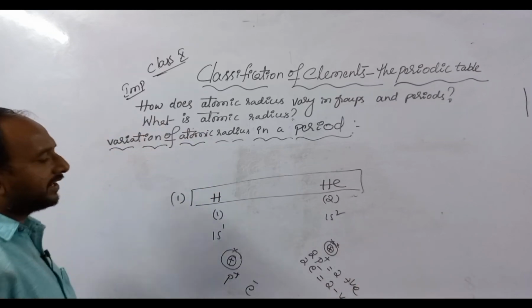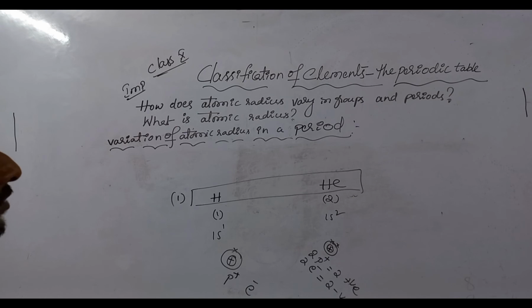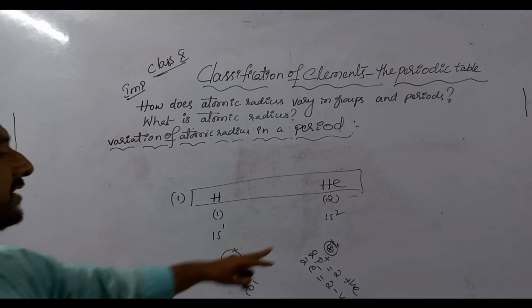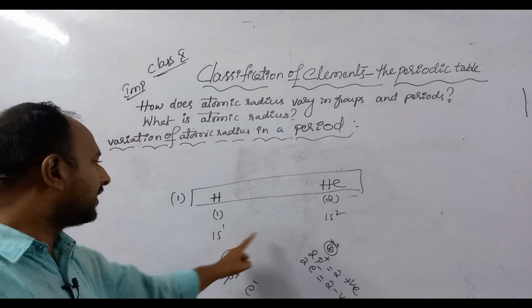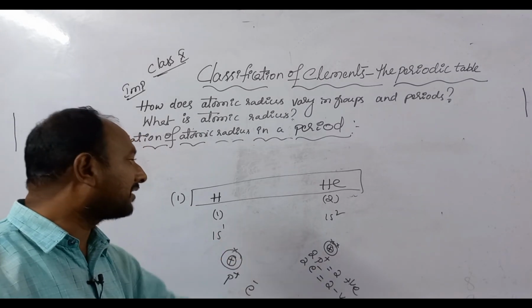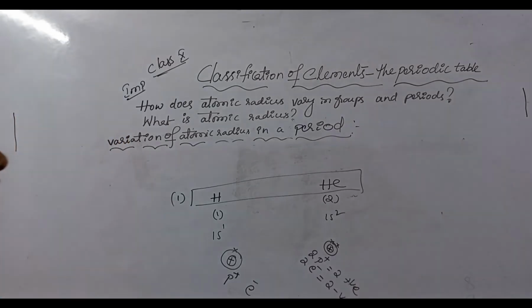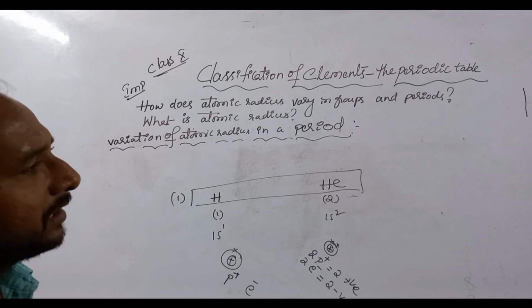That is why attraction between the nucleus and the outermost shell increases so that size decreases. Here the shell number is not increased, 1 and 1, but in the same shell the number of electrons increases. That is why in a period from left to right atomic size or atomic radius decreases. The reason for this is no addition of extra shell from one element to another element.